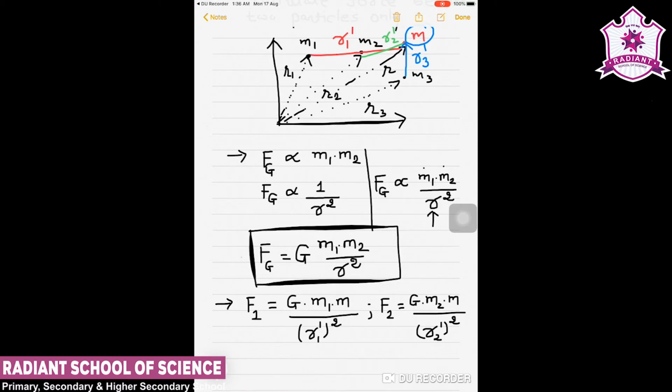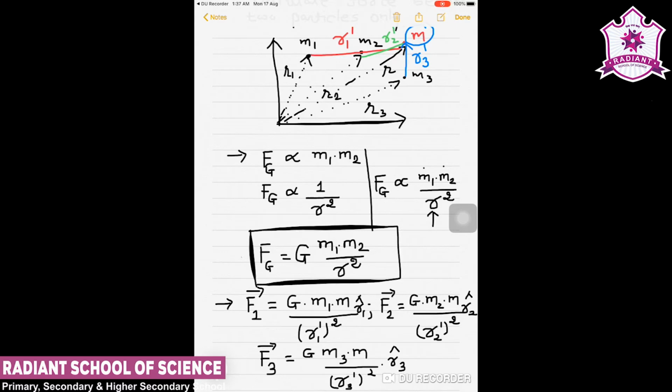And for 3, I can say that F3, if we use the vector sign, each one will follow the direction of the resultant force that we will learn in chapters 2, 3 and 4 in detail. So right now we just have to sum it up. So that is m3 into m over r3 dash square into vector r3.